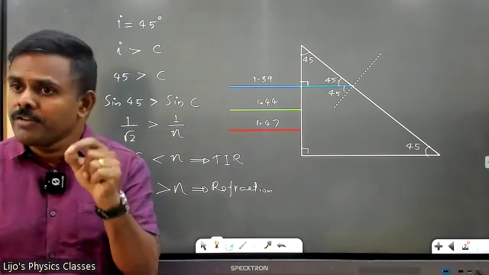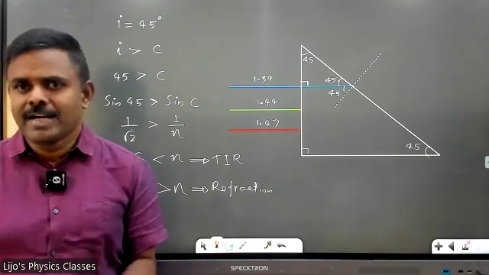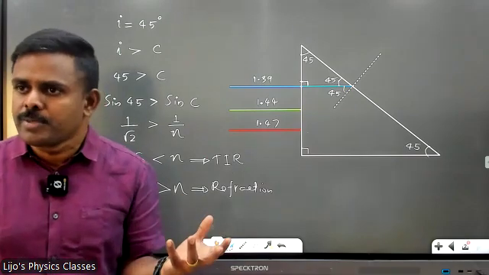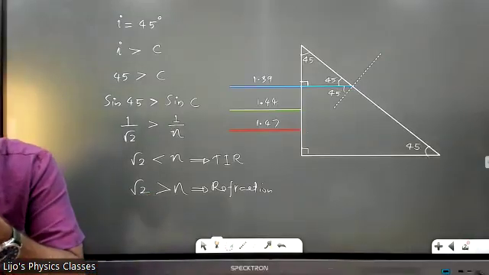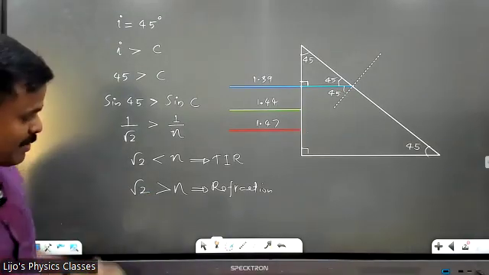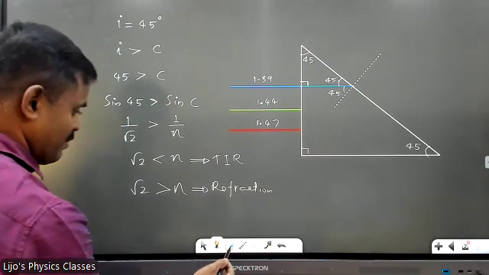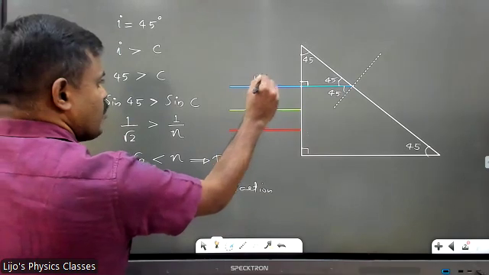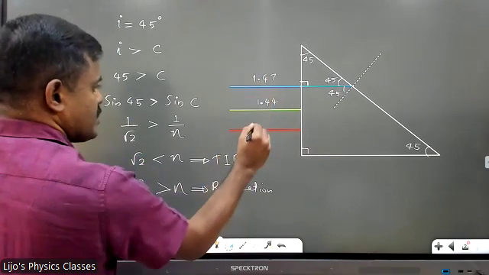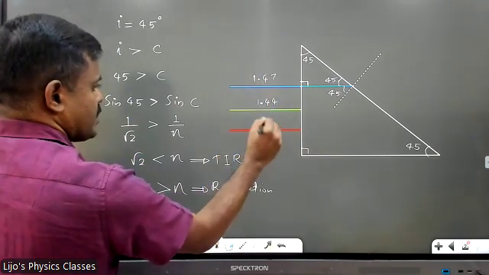Root 2 is 1.414. 1.414 is bigger. Red, green and blue, the other way. Sorry, so red is 1.39, right? This is 1.47, right? This is 1.39. Am I correct?